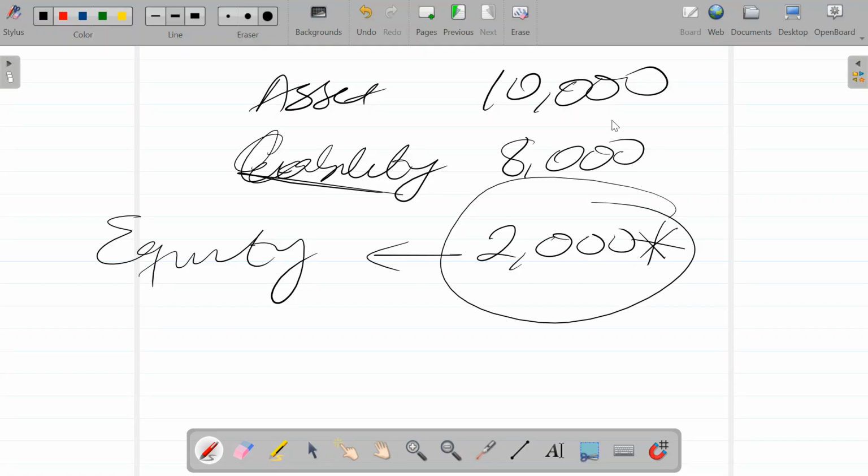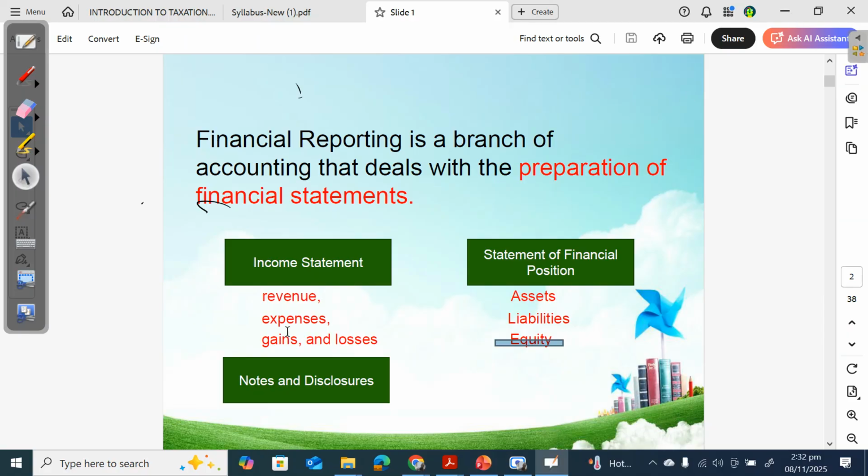So as a shareholder, when you see the report, you look at it, and based on that, you decide whether the company is doing well or not. So that is how the financial report is. We have the income statement, the statement of financial position, and we have the notes and disclosures.